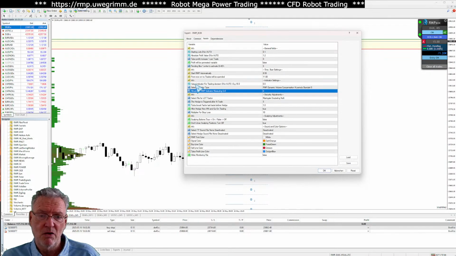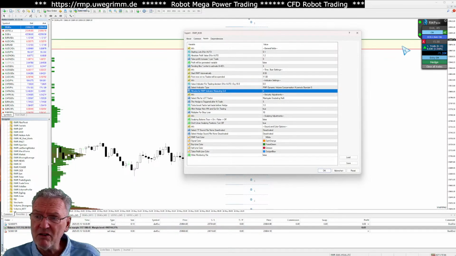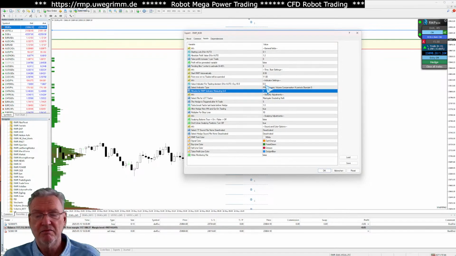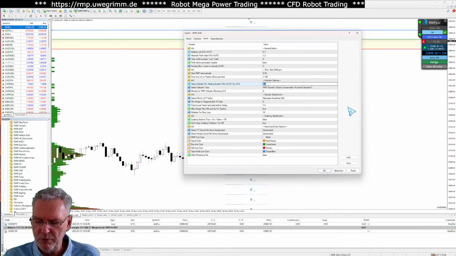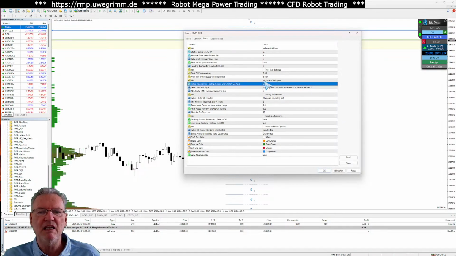Value indicator for trading decision, 0 for automatic adjustment, because I have an AI module. Depending on the market, it will calculate the right value, in my opinion. But when you say, okay, this is not the value I wanted, then you can put here a manual value, then it will override the automatic value.